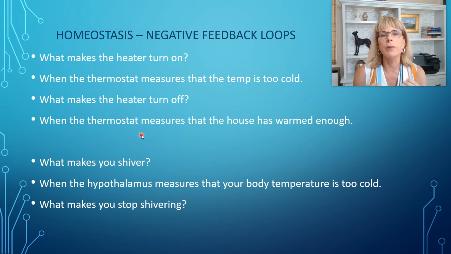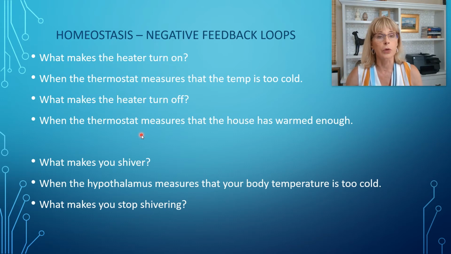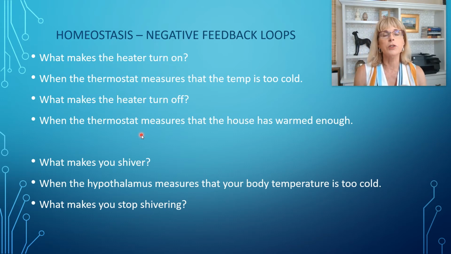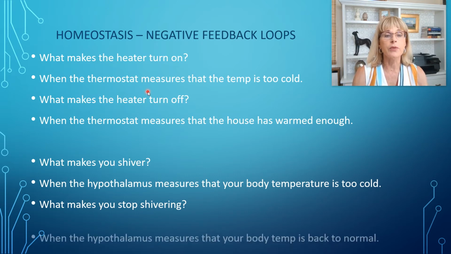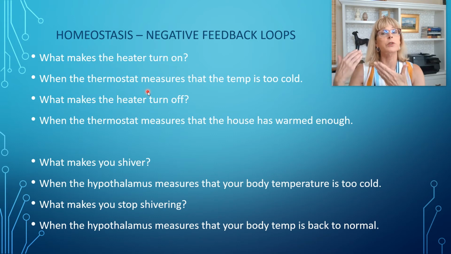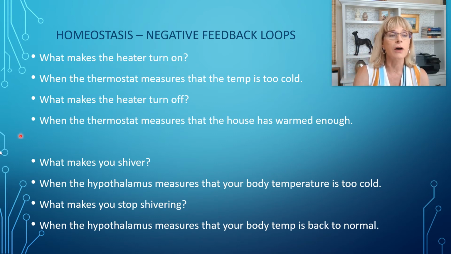Shivering causes all of your muscles to contract just a little bit, so you don't actually move, but all of your muscles are doing this contraction thing that generates heat, and as the heat gets generated, your hypothalamus will measure that your body temperature's back to normal and shut off the heater, the shivering, okay?